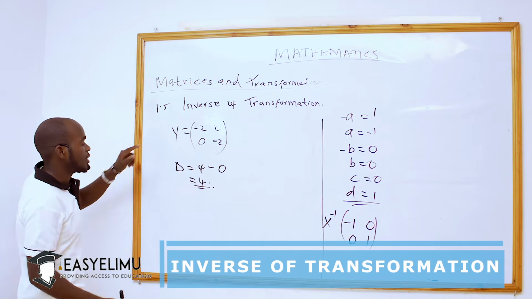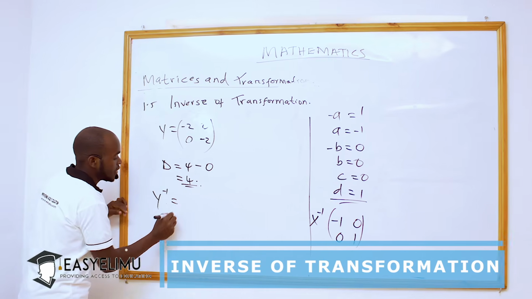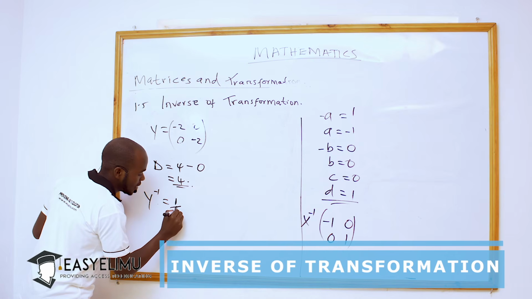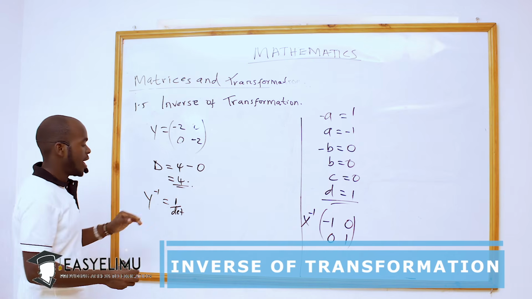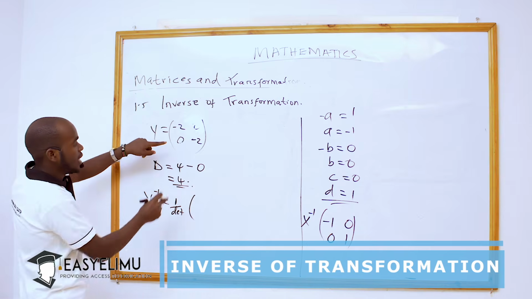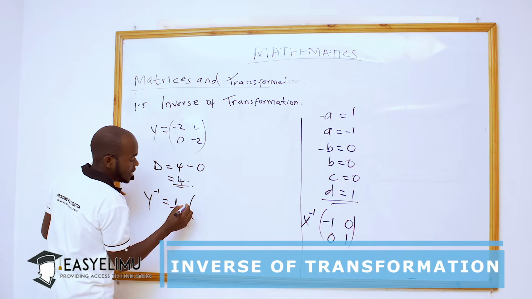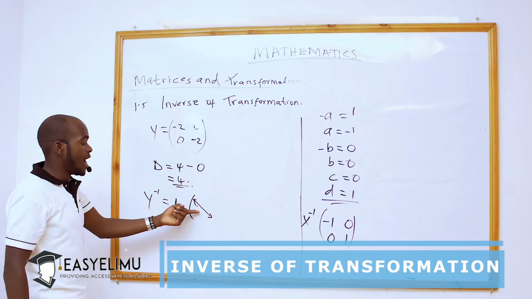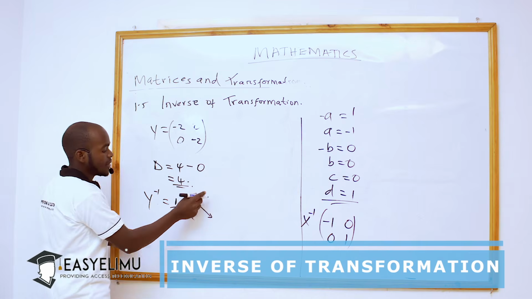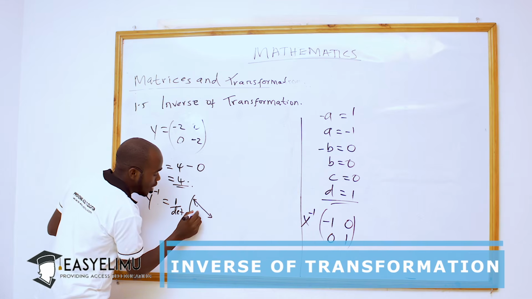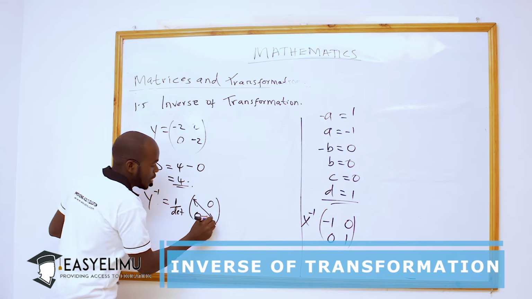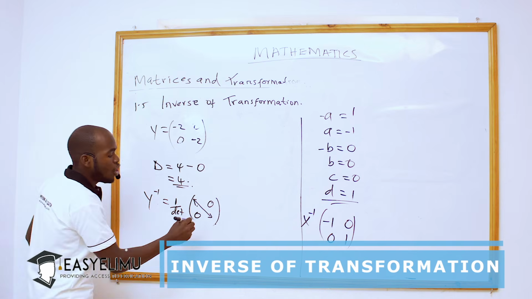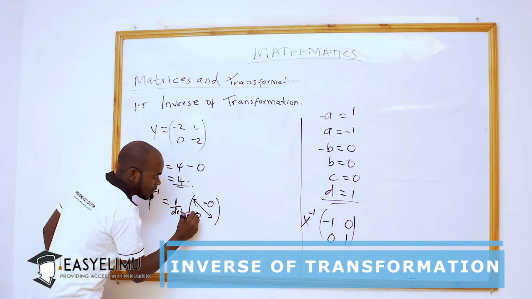Now to find the inverse of y, it simply means you first take 1 over the determinant, which we have found here, and then in the leading diagonal, you exchange the values. In the other diagonal, the 0, 0, whether it is b or c, you only change the signs.